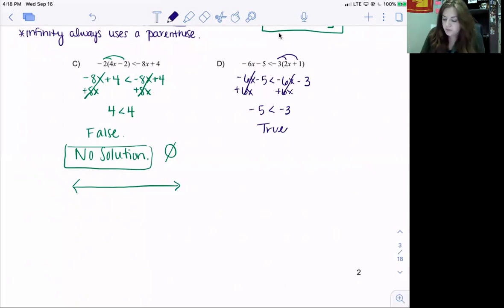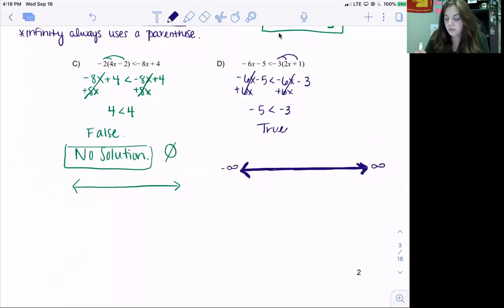So since it's true, if we wanted to graph this, it's true for all values from negative infinity to positive infinity. So for your graph, we're going to darken the whole line.